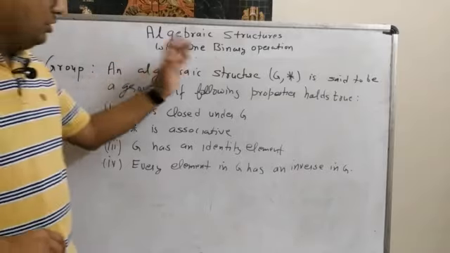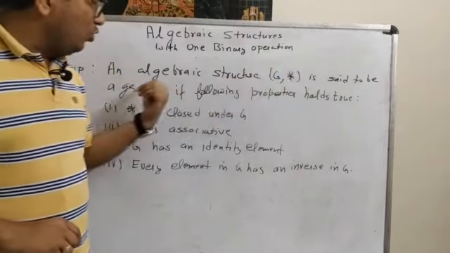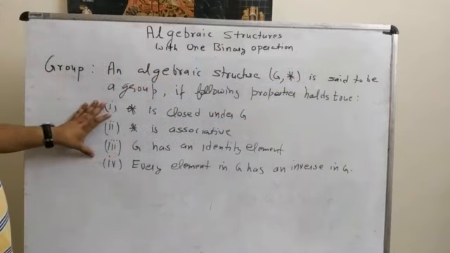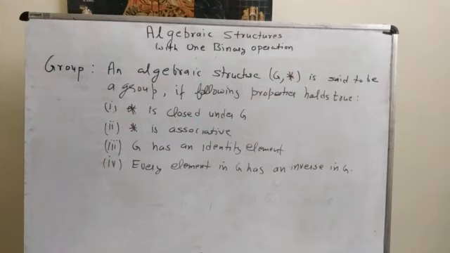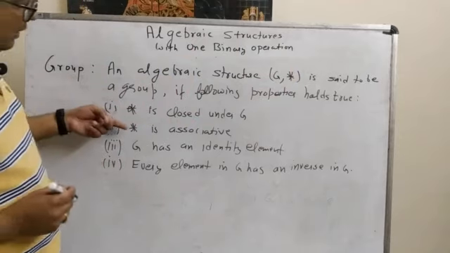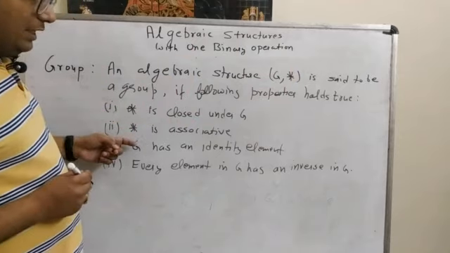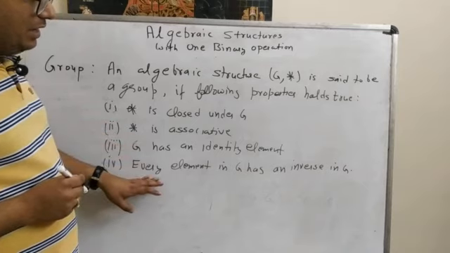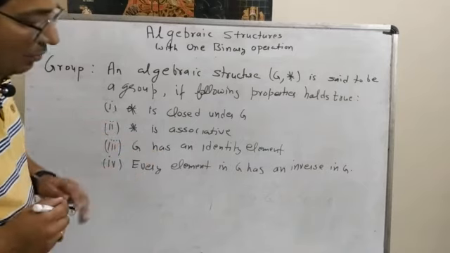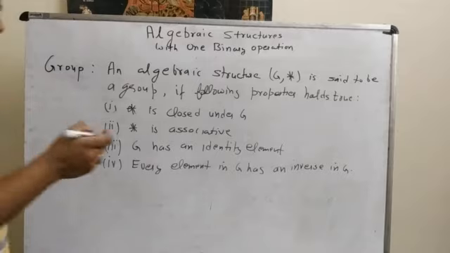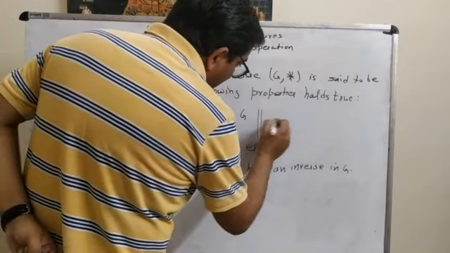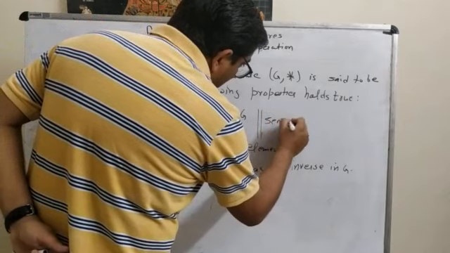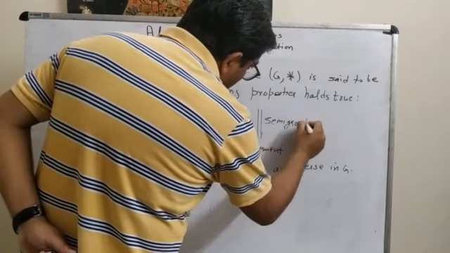An algebraic structure (G, star) is said to be a group if it satisfies these four properties. The four properties are: number one, star is closed under G; then star is associative; G has an identity element; and every element in G has an inverse in G. So if we see, the first two properties are similar to a semigroup.